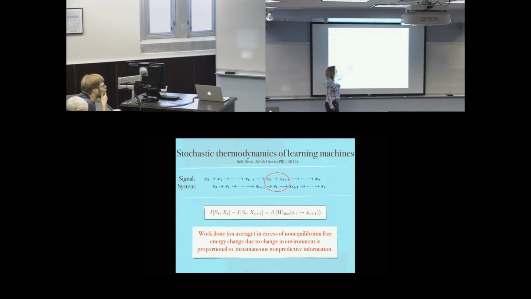This non-predictive information is the part of the instantaneous memory that does not allow you to make predictions. This is the predictive power. The rest of it is non-predictive clutter. And that is directly proportional to the physical dissipation encountered in this little work step.